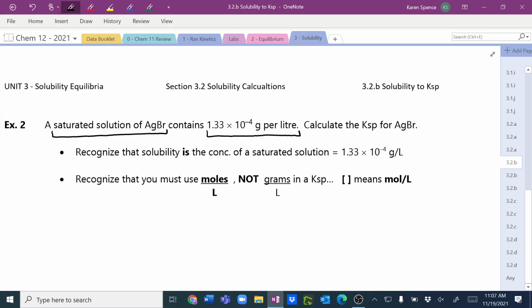The only thing that is different here, otherwise it's pretty much the same question, is that you need to recognize that the solubility is the concentration of a saturated solution. So this right here is the solubility in grams per liter, because we were told that is the concentration of the saturated solution.